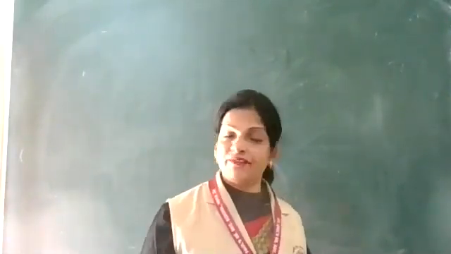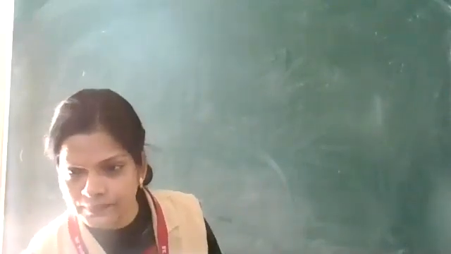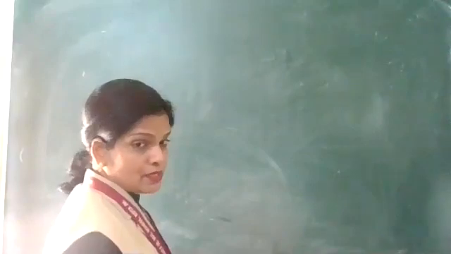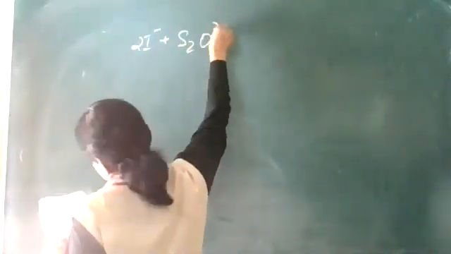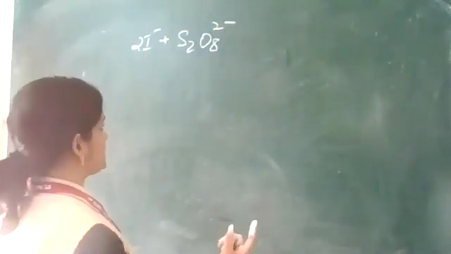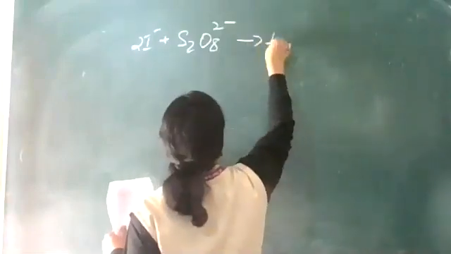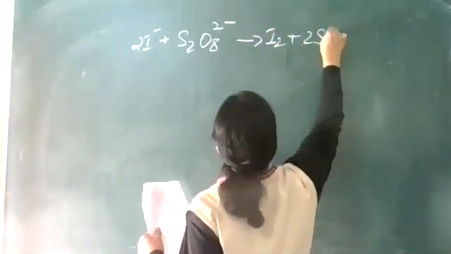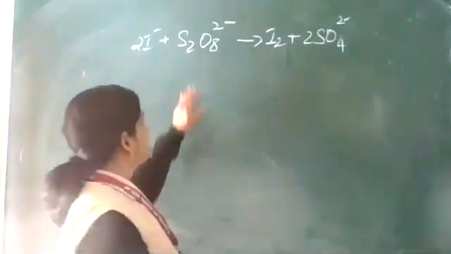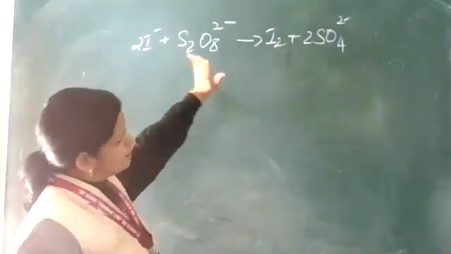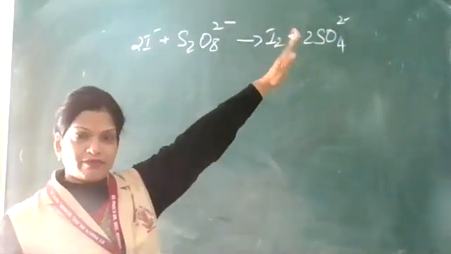For example, iron: Fe plus 2, Fe plus 3, Fe can exhibit variable valency. Now I'm going to write one equation to show how Fe can act as a catalyst: 2I minus plus S2O8 2 minus gives I2 plus 2SO4 2 minus.